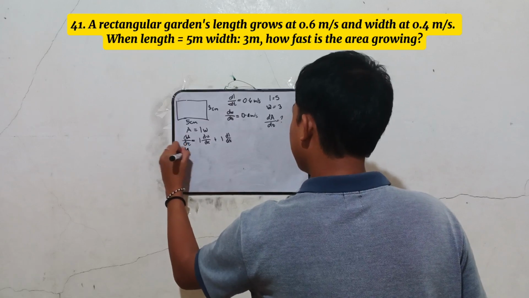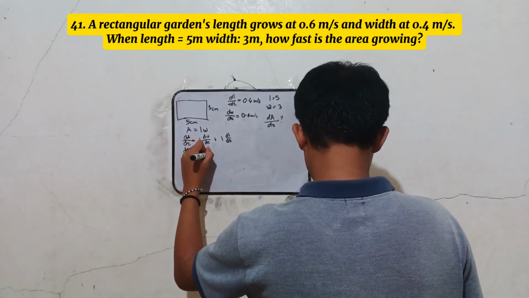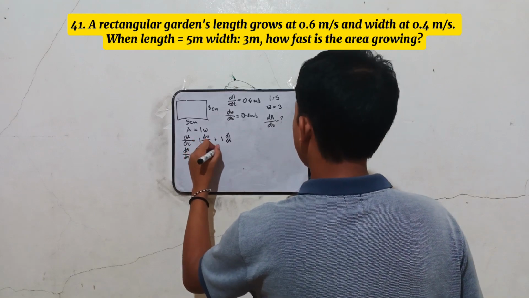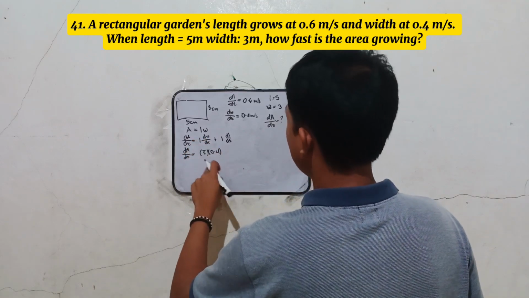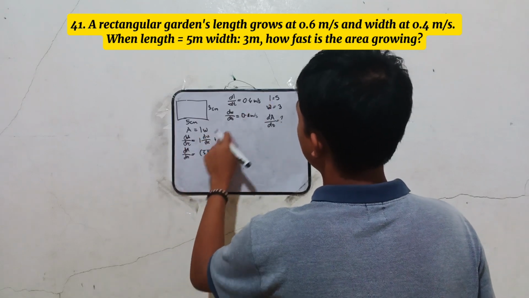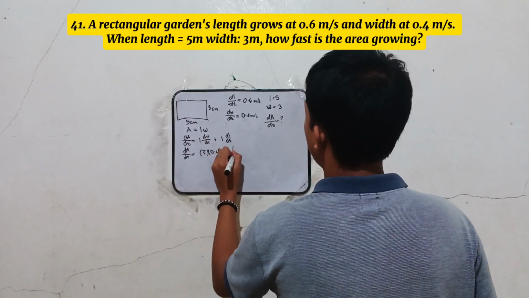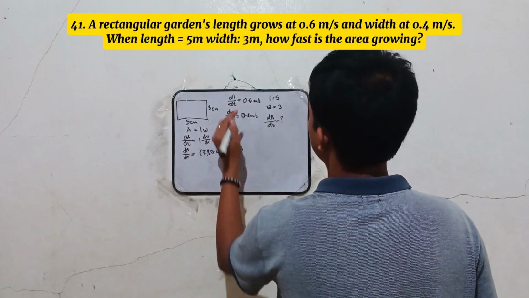So dA over dt is equal to 5, since our length is 5, times our dw over dt, 0.4, plus our width, 3, times our dl over dt, 0.6.